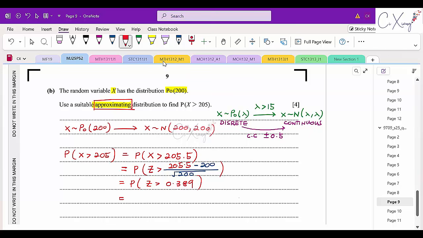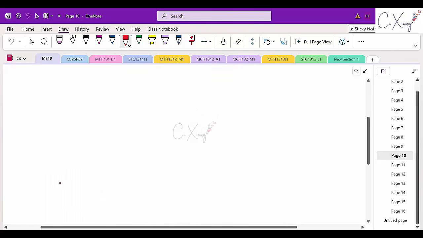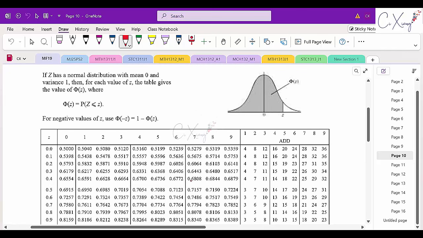To get this particular area, Z greater than 0.389, you have to take 1 minus the area. So where is your 0.389 here? Looking for 0.38, then 9. So please take 6480 plus 34. We should have 6514.